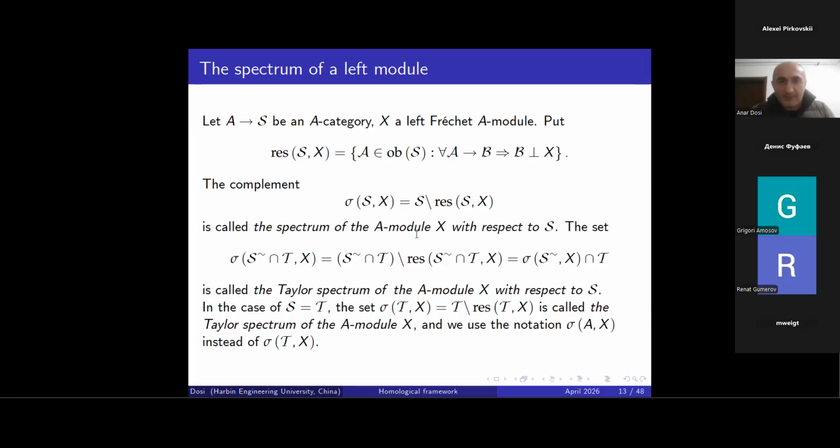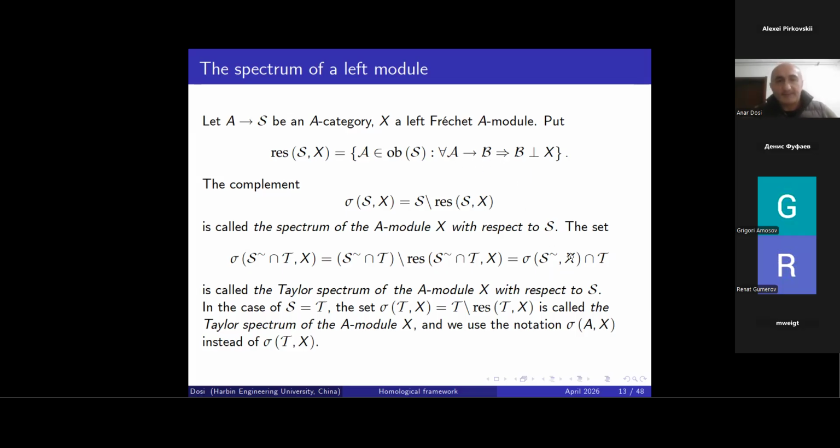Well, the complement is called the spectrum. It's sort of a new spectrum of the module with respect to the category S. Yeah, this is important to introduce, and you will see the link between the other spectra. It's quite general and simple and nice. It looks very general. Well, what we can do here is restrict to tau, to trivial modules.